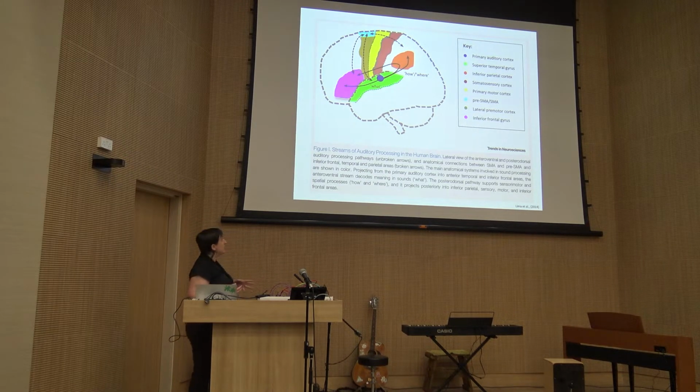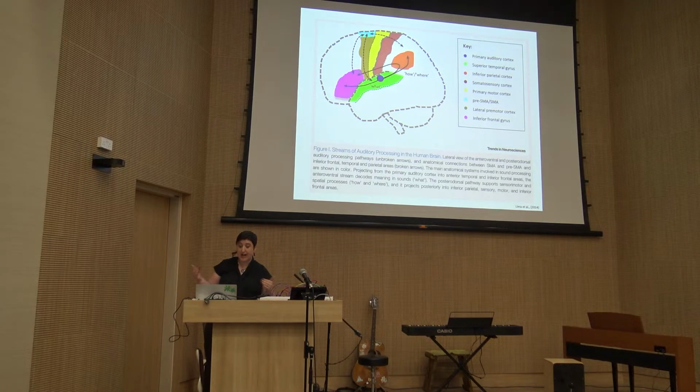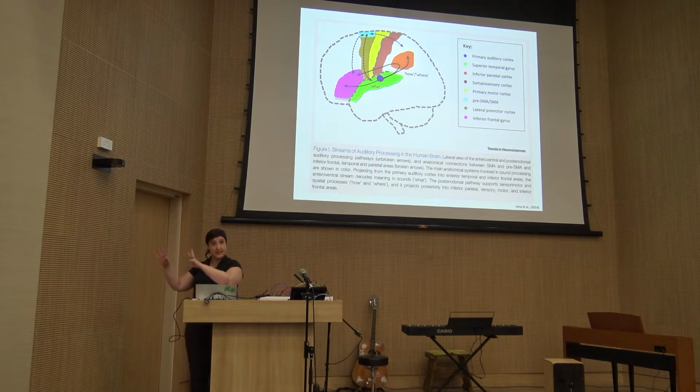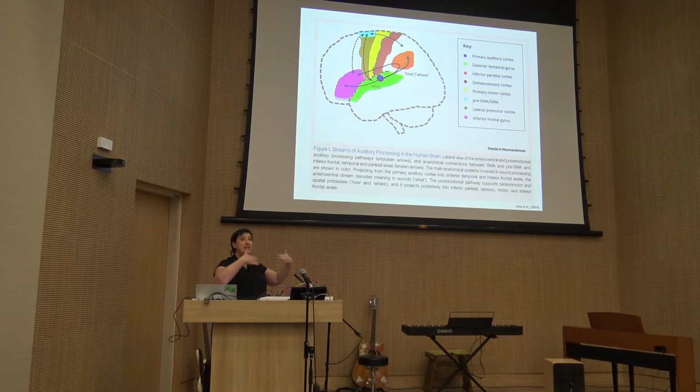So this is still work in progress. But what we can see here is that there are processing chains that have to do with understanding content and other processing chains that have to do with thinking about what you might need to do to produce that content yourself.